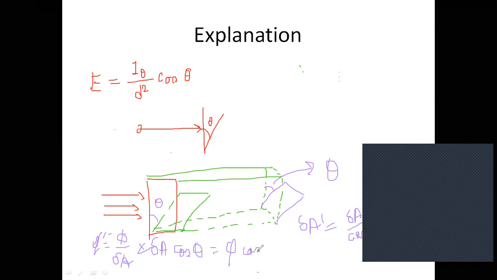So the flux received by the del A area here is reduced by a factor of cos theta.